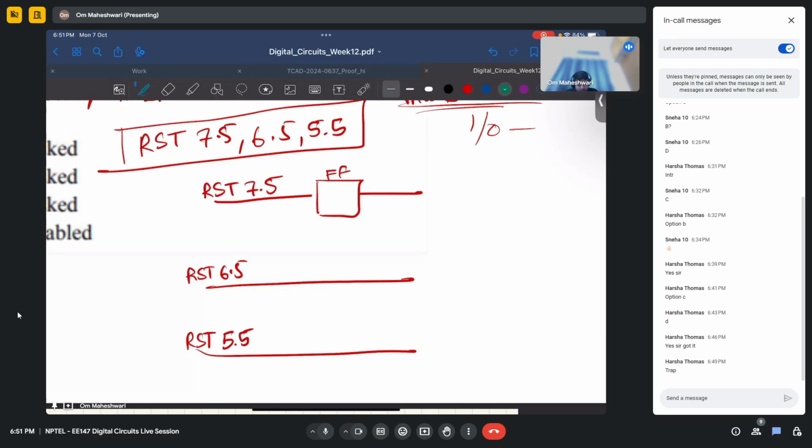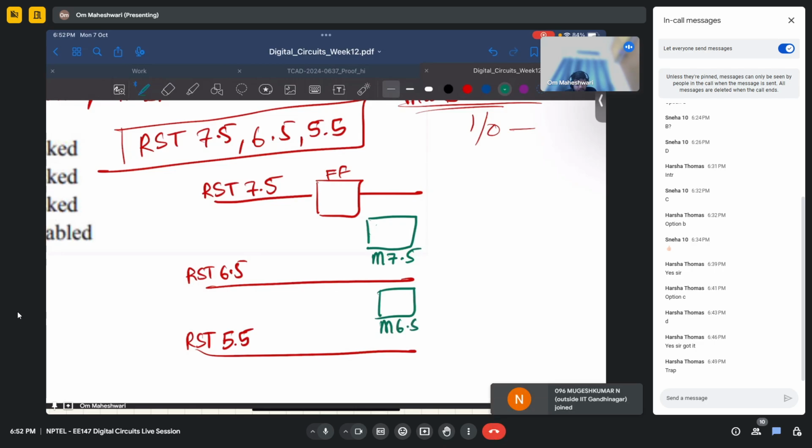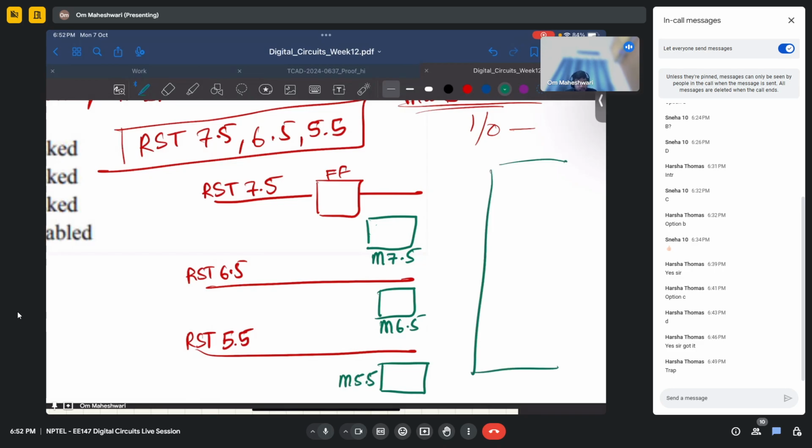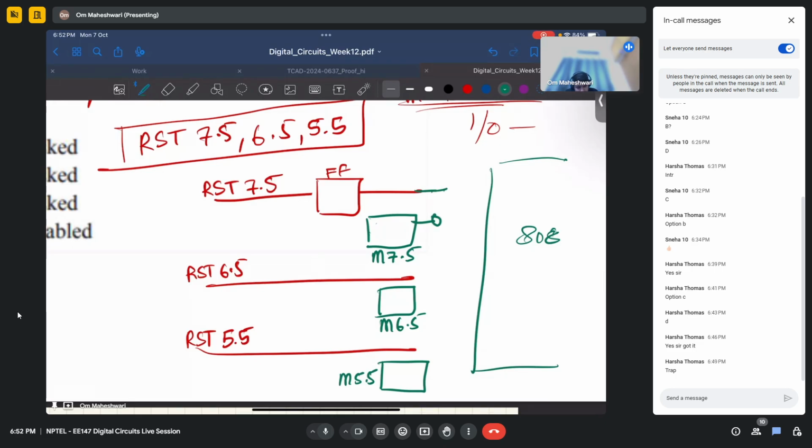Additionally, you have M 7.5, then M 6.5, M 5.5. Now, these are going in somewhere, right? In your 8085. Actually, this circuitry is also inside 8085 only, just for representation. I am drawing to show which interrupt will be enabled. So, what happens here is these are ANDed like this.